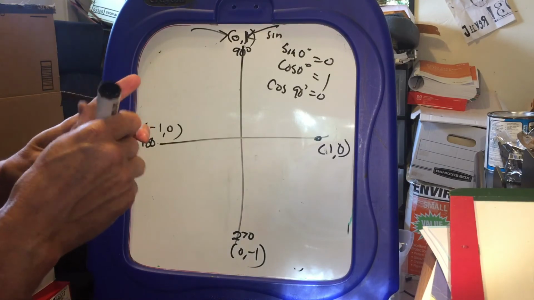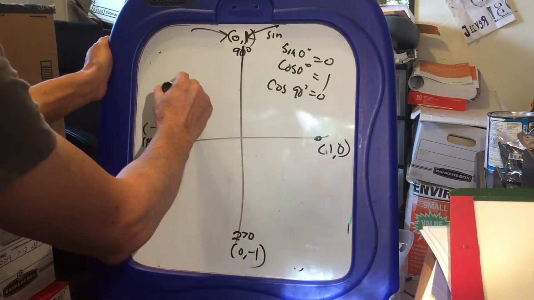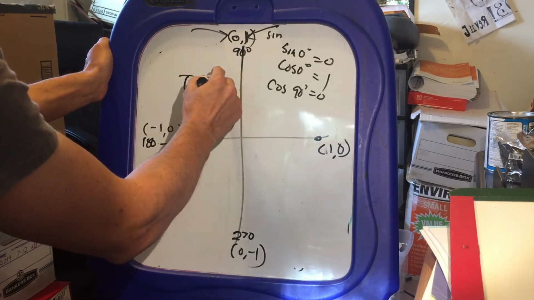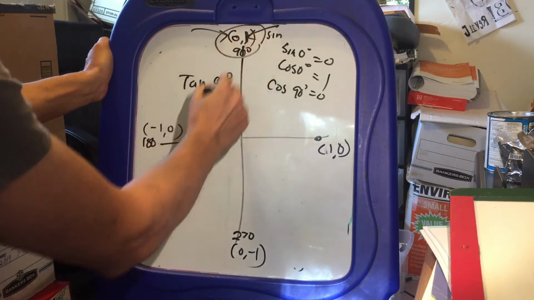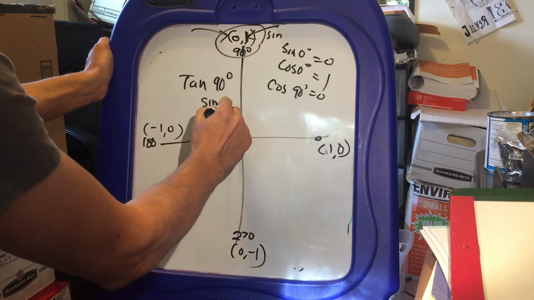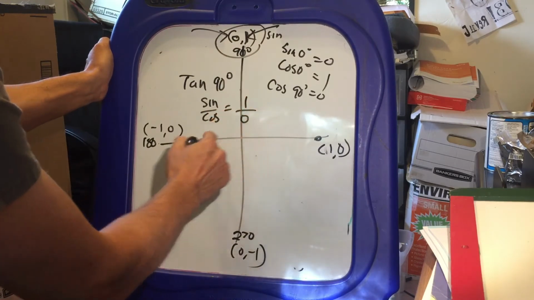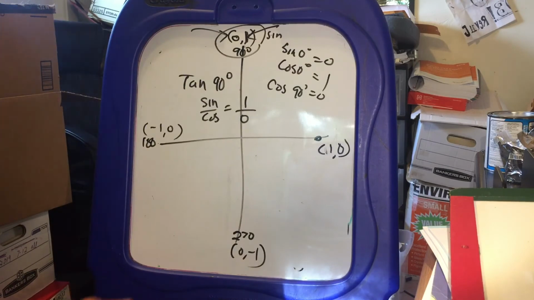Very good stuff there. Now, tangents become a problem here, because if I say, what's the tangent of 90 degrees? Tangent is sine over cosine. So the sine is 1. The cosine is 0. The tangent of 90 is 1 divided by 0. It doesn't exist. You can't have 0 on the bottom.